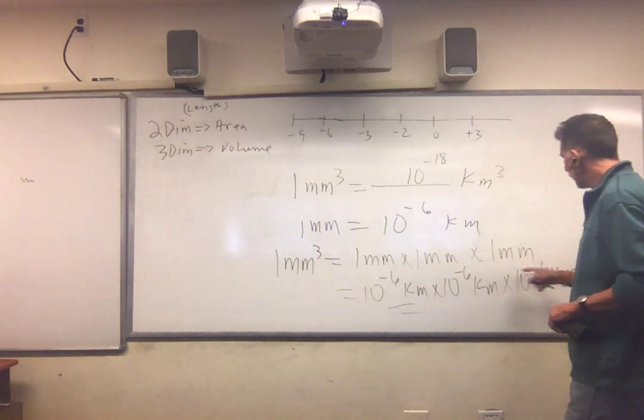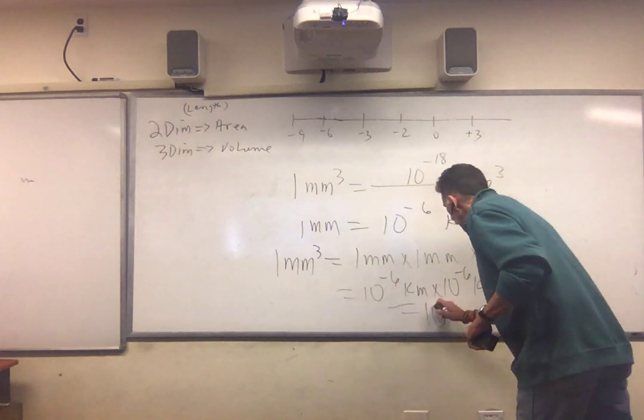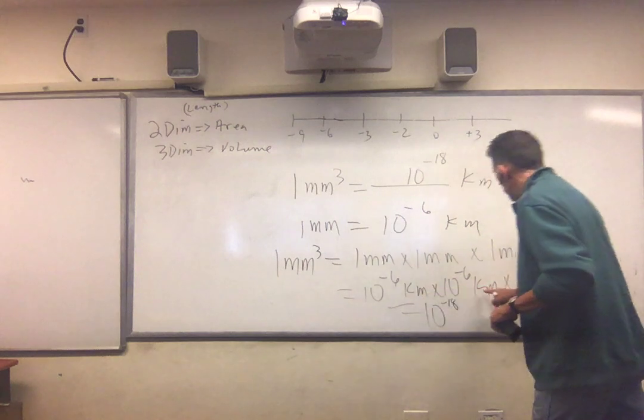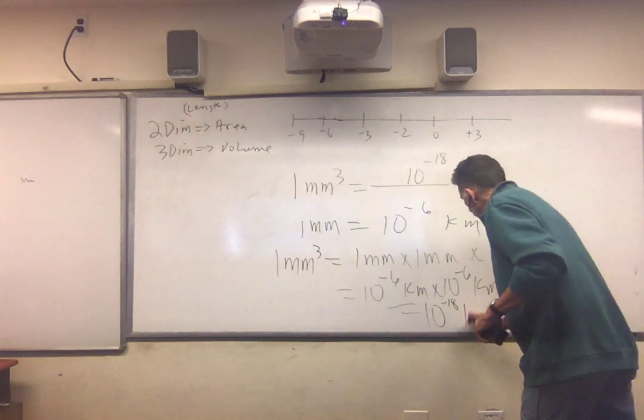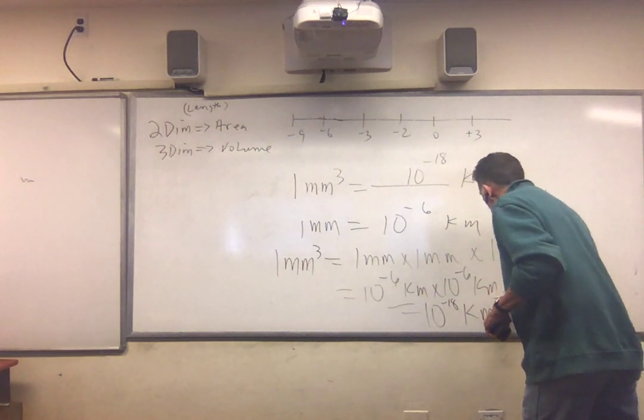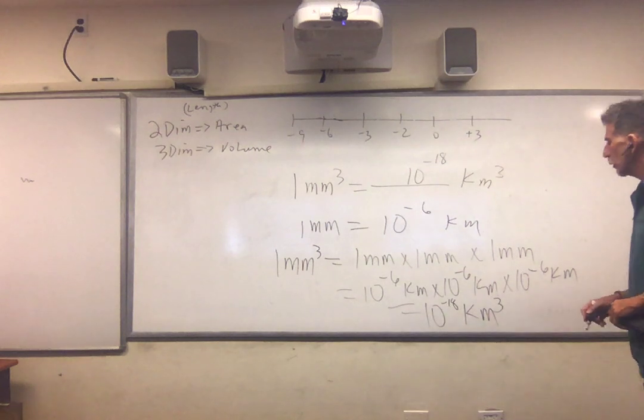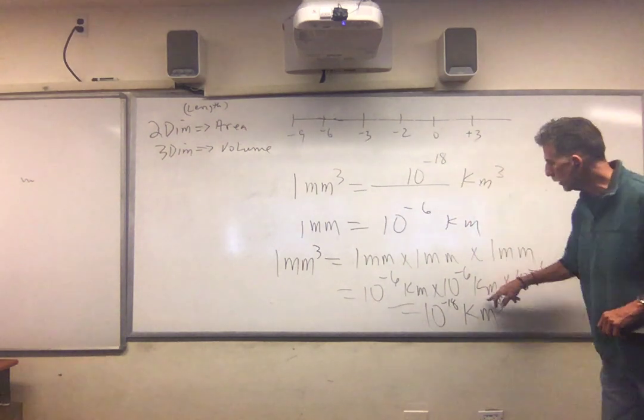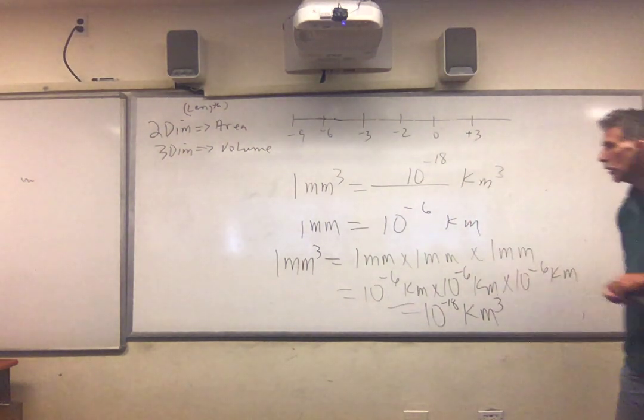Negative 6, negative 6, negative 6 is 10 to the minus 18. Kilometers times kilometers times kilometers is kilometers cubed. So our answer is 10 to the minus 18 kilometers cubed.